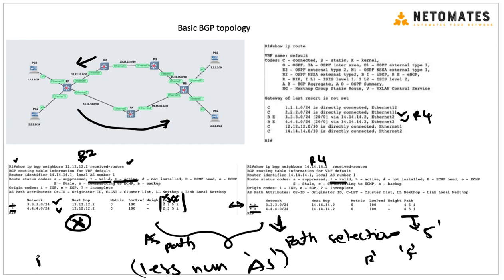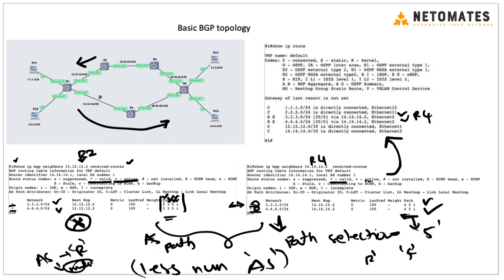Don't confuse an AS with a router: in a single AS you can have multiple routers. BGP is looking at this AS path, and whichever route has fewer ASes listed, it will choose that. So in this case it will choose these routes. That's why you see the active flag, the greater-than symbol, and that's why BGP only added these routes into the routing table.